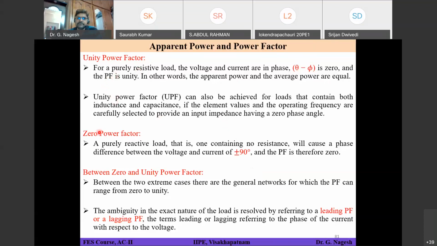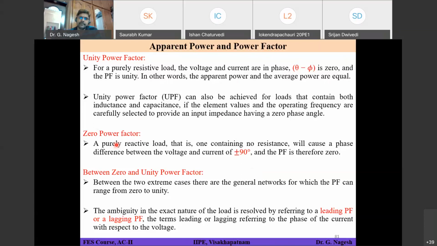Next, zero power factor. When will you get zero power factor? If you have only an inductor in your circuit, you can get zero power factor, or if you have a pure capacitor, you can also get zero power factor.